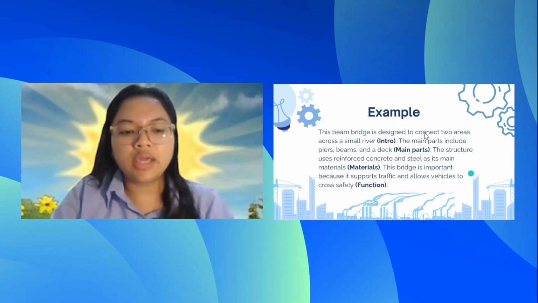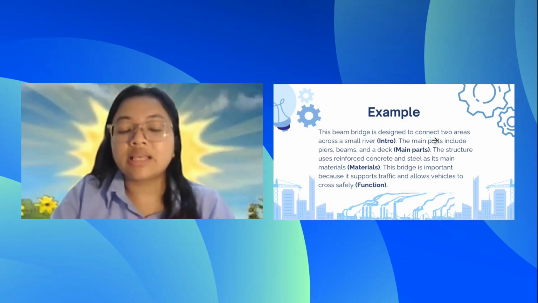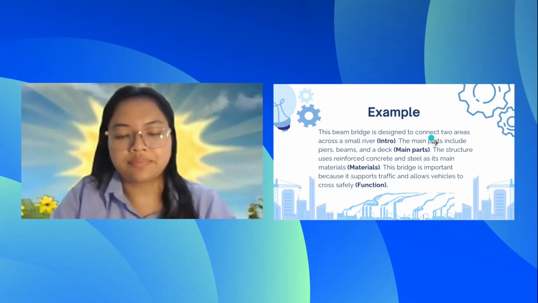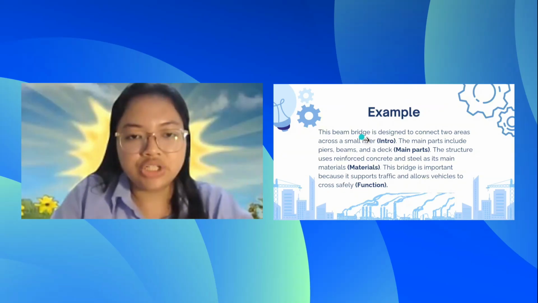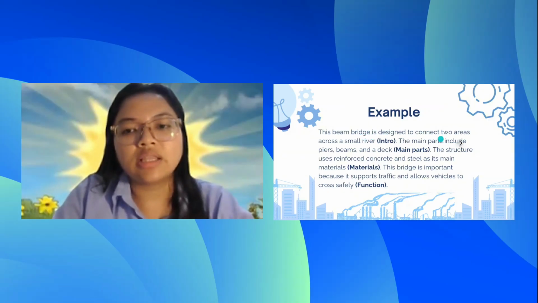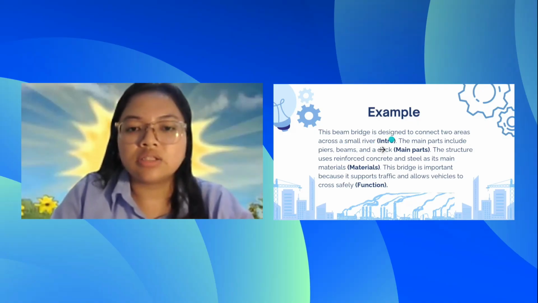Next, we have an example of a short description. This bridge is designed to connect 2 areas across a small river. This is the introduction. The main parts include piers, beams, and a deck.